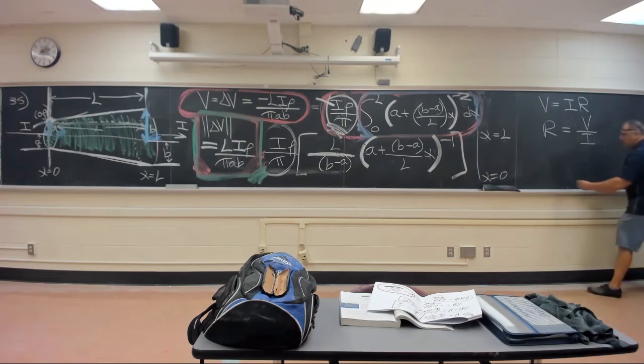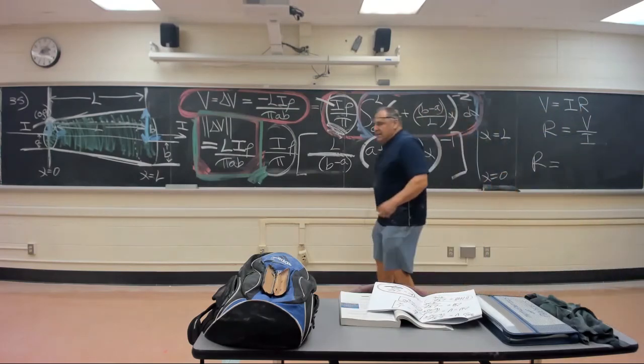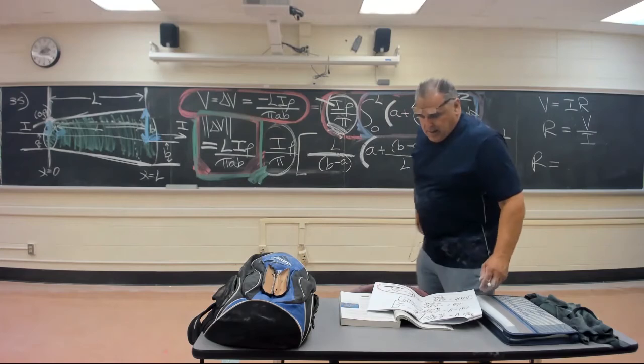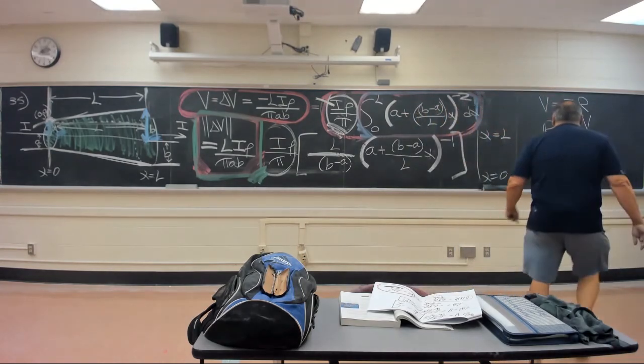Well, let's use that then. Delta V, at least, right? The magnitude of delta V is Li rho over pi AB.